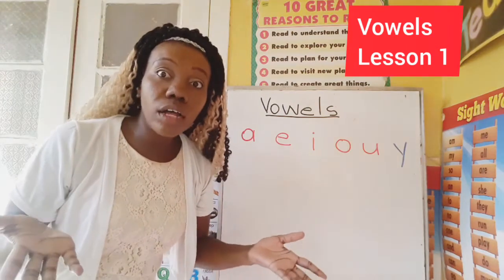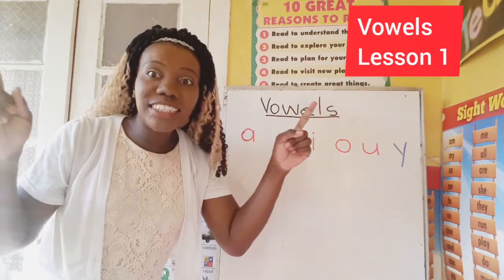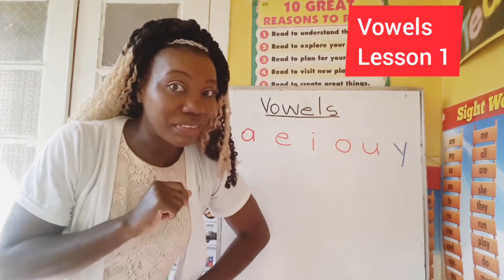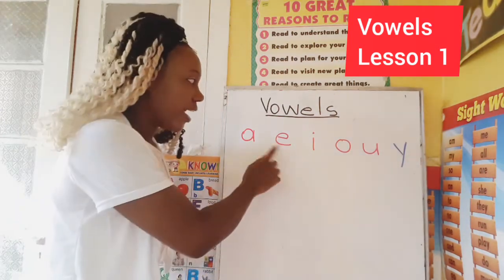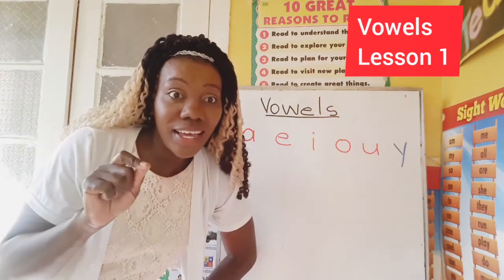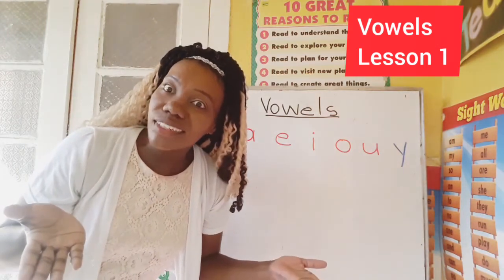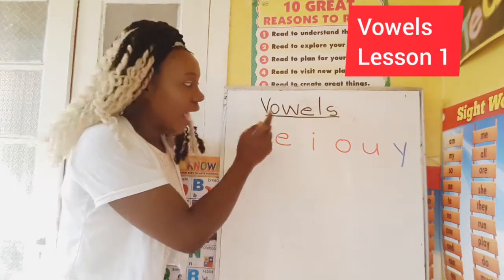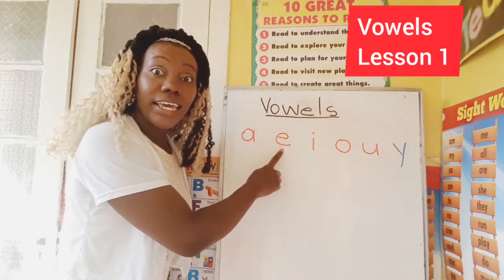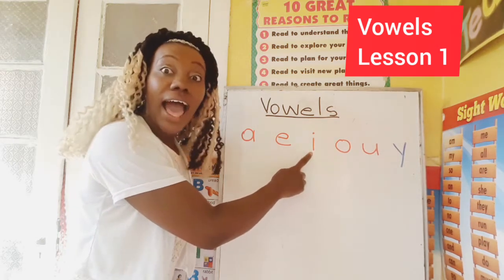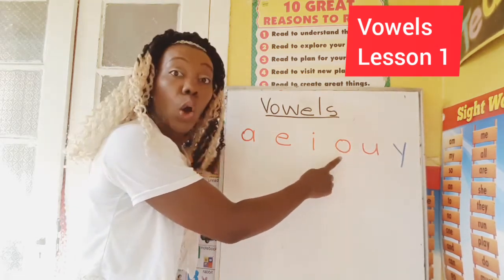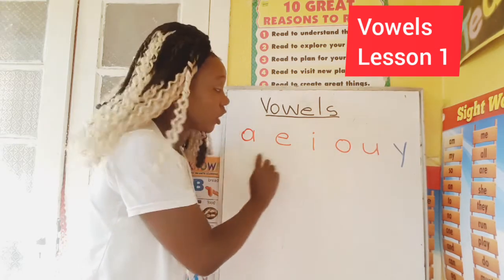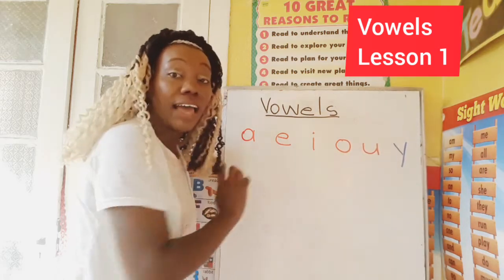Now let's move on to the long sound. And you know the long sound. Yes, you know them. Because guess what? Whenever you call the name of a vowel, you're making the long sound. So what's the name of this vowel? A. And this vowel is E. And this vowel is I. This is O. And this is U. So we're just going to call the names of these 5 vowels.